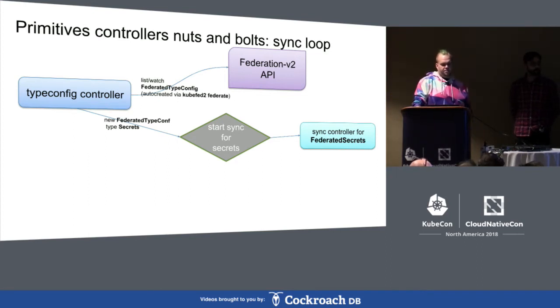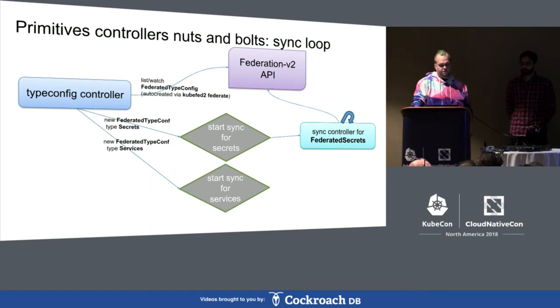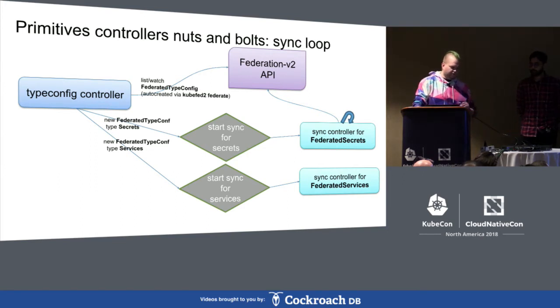Similarly, if the type config controller sees a new federated type config for the service type, it's going to start a sync controller for services. And that's going to do the exact same thing: do the math, figure out where stuff is going to go, push it there, et cetera.